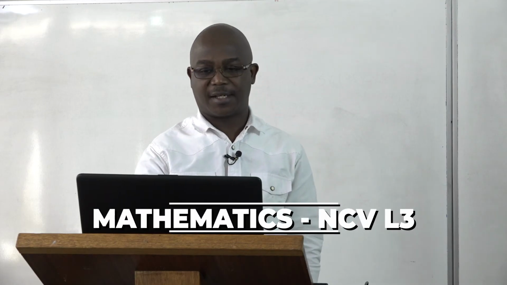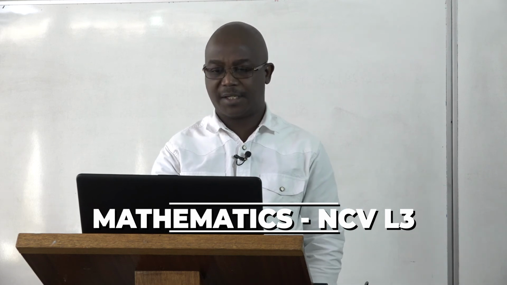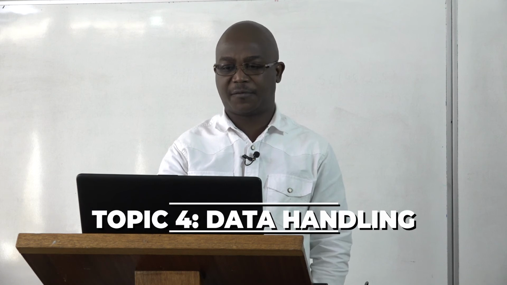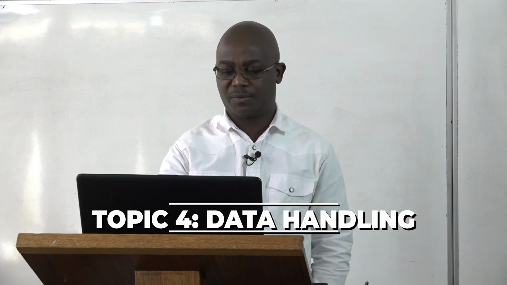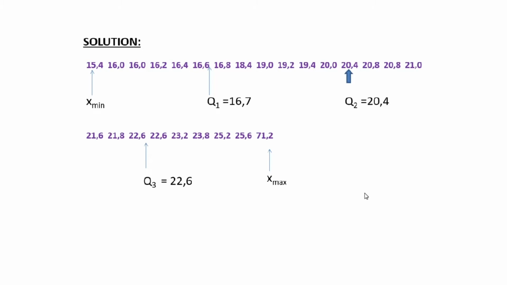I hope and trust that you were able to determine the 5-number summary of the data. I have already done the calculations for you, so let's see how it would display on our number line. You can see on my solution, the data has already been arranged in ascending order.